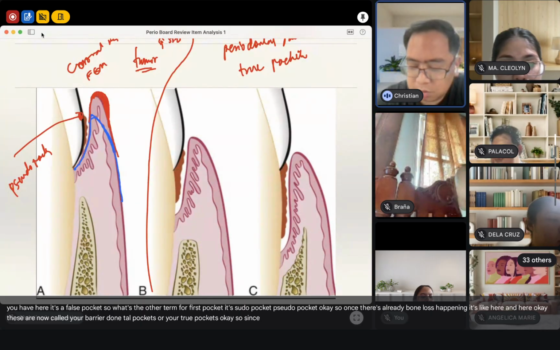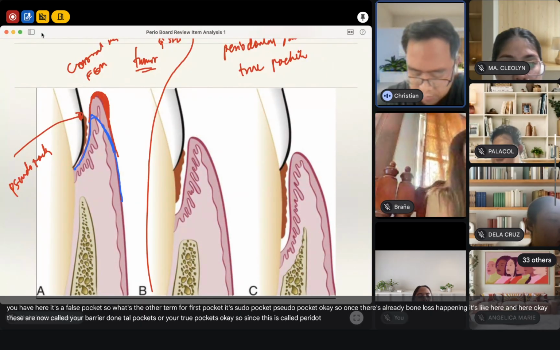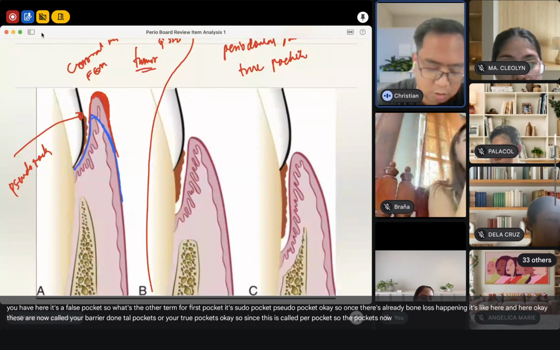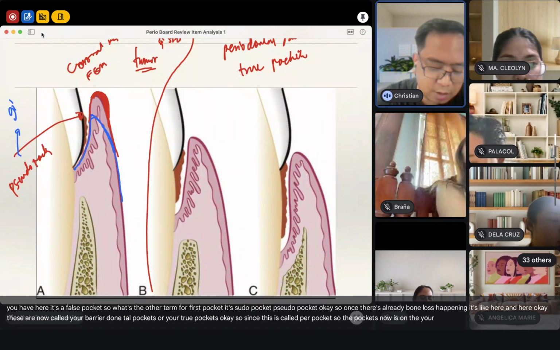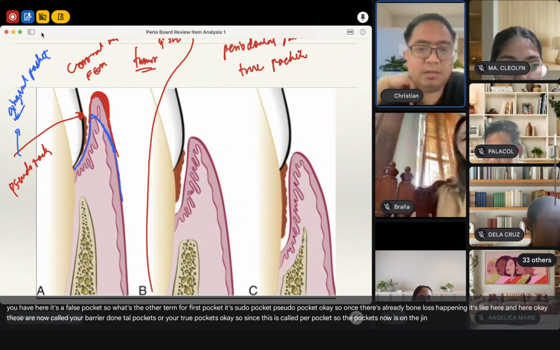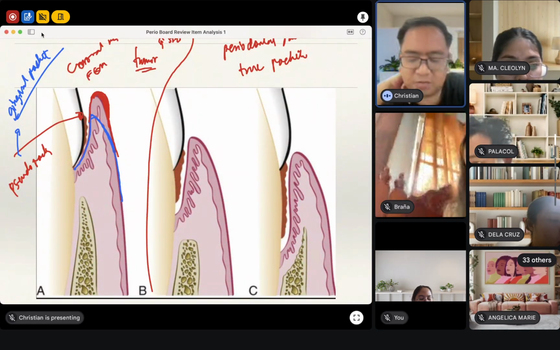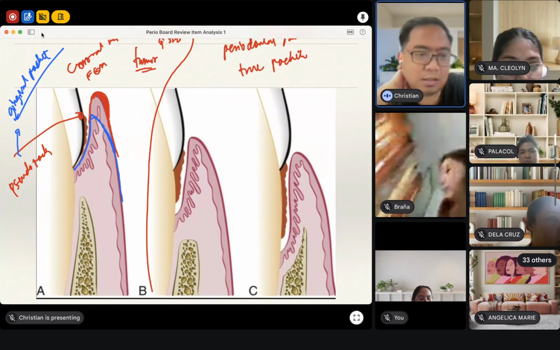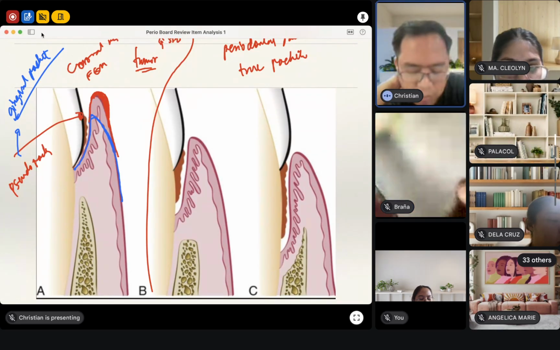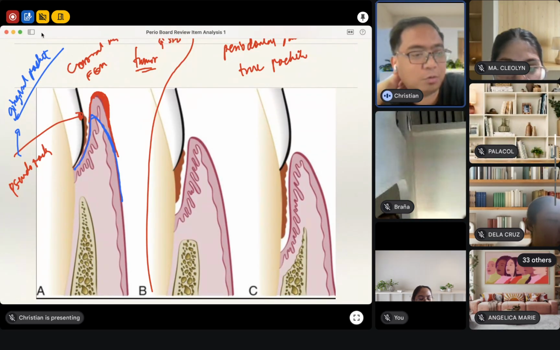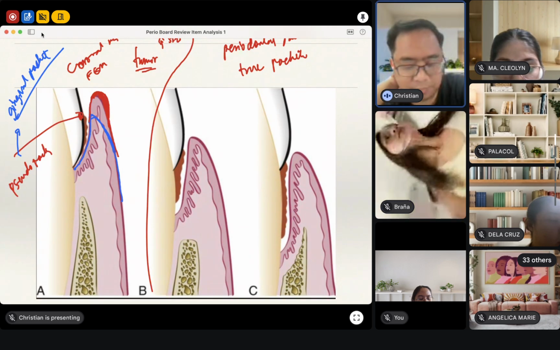So since this is called periodontal pocket, pseudo pockets now is only called your gingival pocket. Okay. Gingival pocket is different from periodontal pocket. Gingival pocket, you don't have attachment loss. You don't have bone loss. These are just pseudo pockets, false pockets.